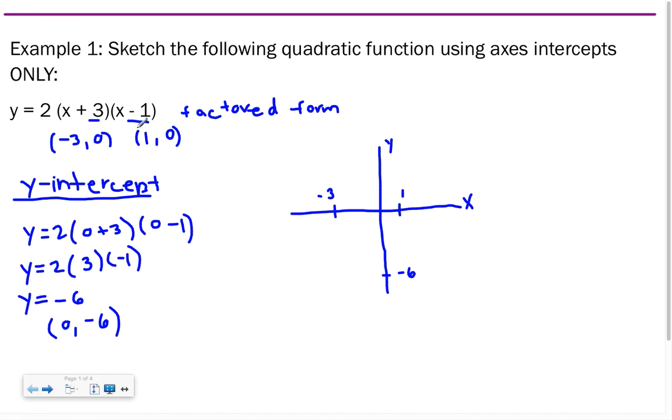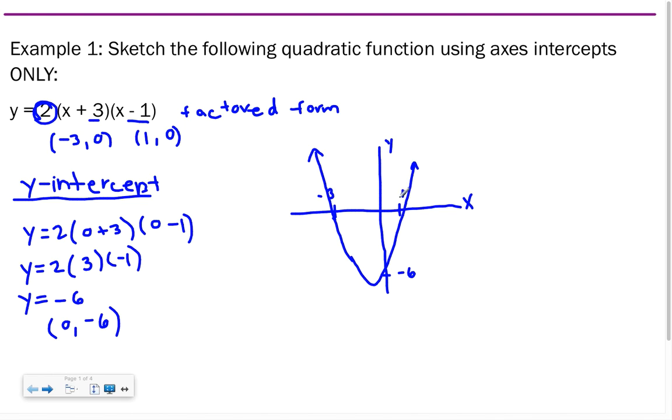We know, just based on where our points are, but also because our stretch factor, our a value, is positive, that we're going to have a smiley face, and we're able to draw a quick, rough little sketch of this parabola coming down, passing through the y-axis, and back up through the x-axis. And that's a good enough sketch.